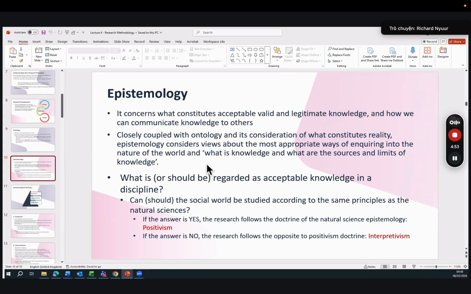And there are always two main principles to it: positivism and then interpretivism.